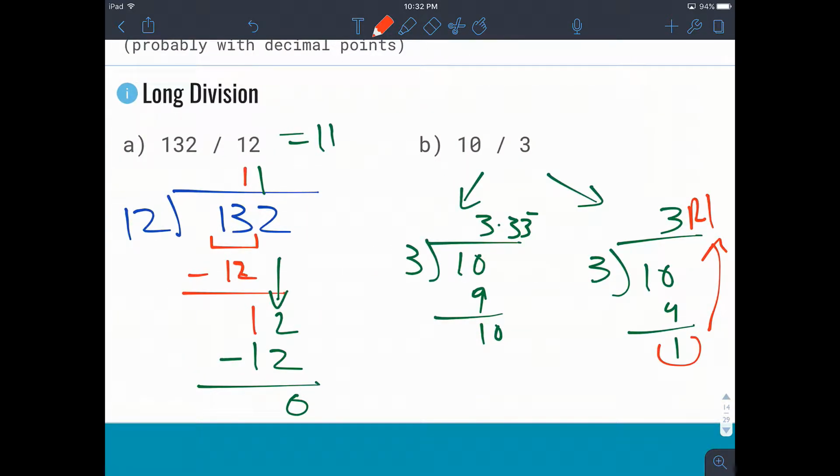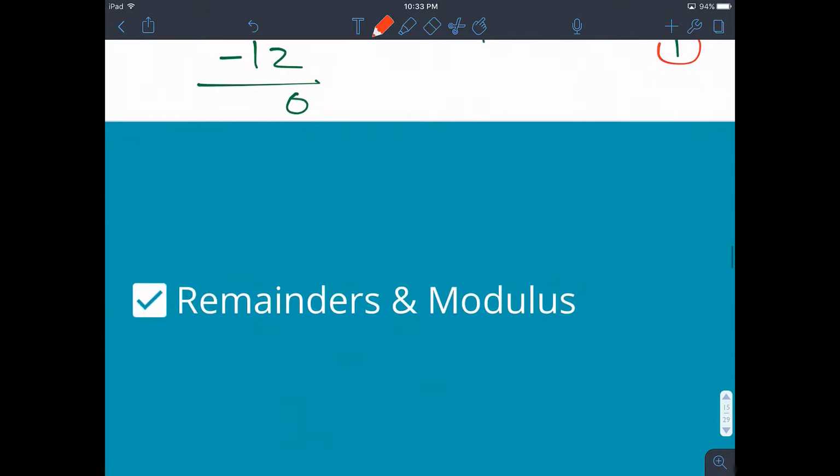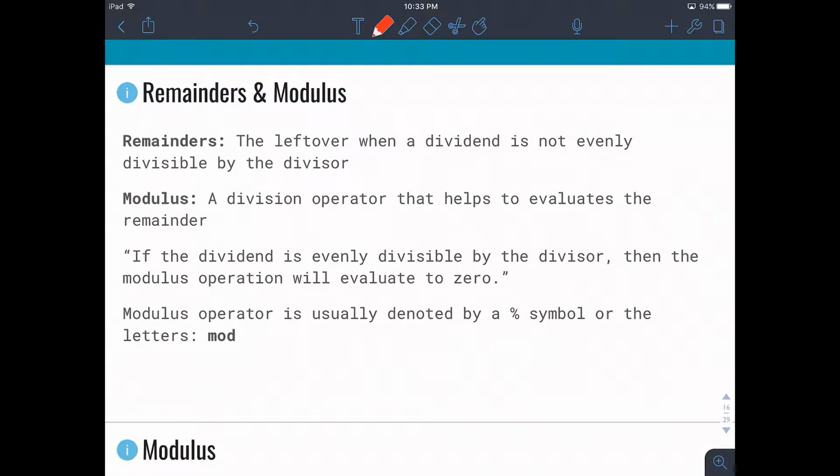So we talked about our arithmetic operators. Now we're going to go into remainders and modulus. A remainder is the leftover when a dividend is not evenly divisible by a divisor. And a modulus is the operation. It is a division operator that helps us evaluate just the remainder.